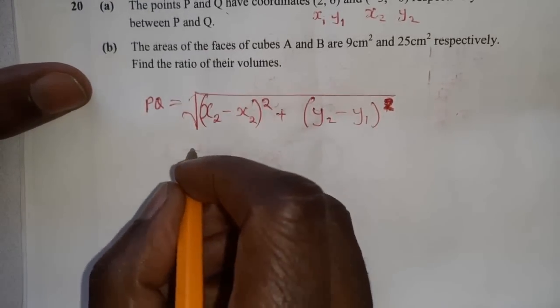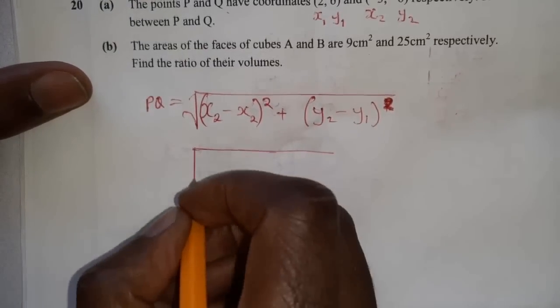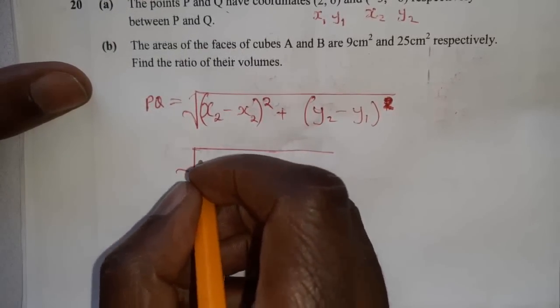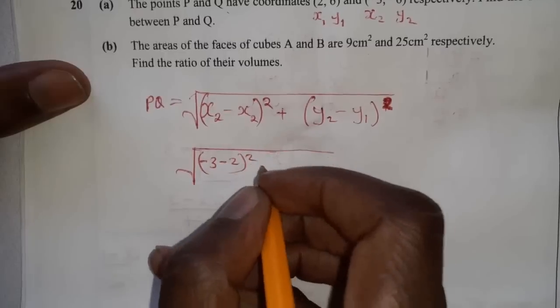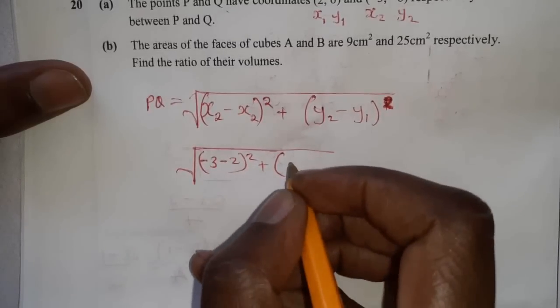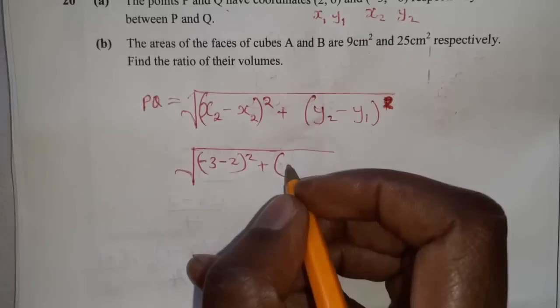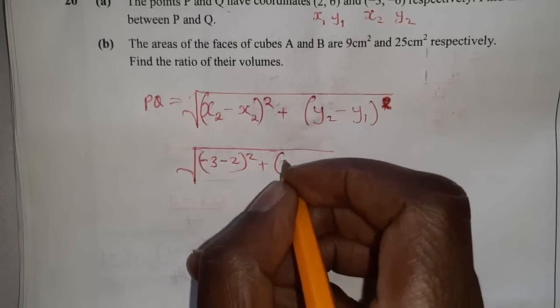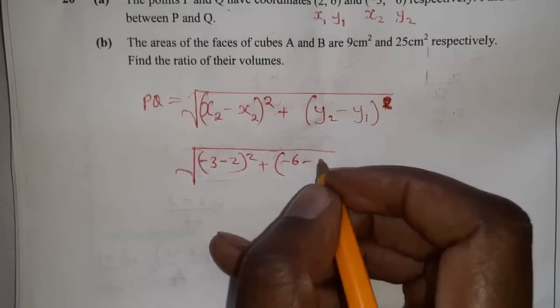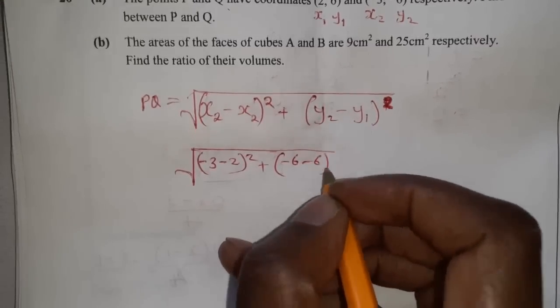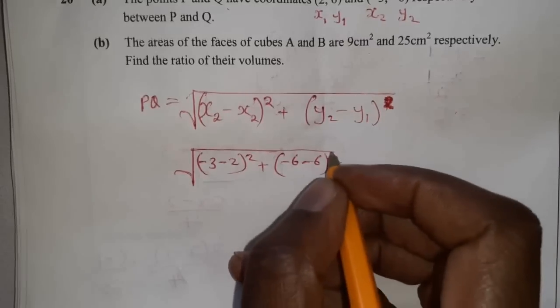So our x2 is negative 3 minus 2, squared, plus. Then here we have negative 6 minus another 6, squared.